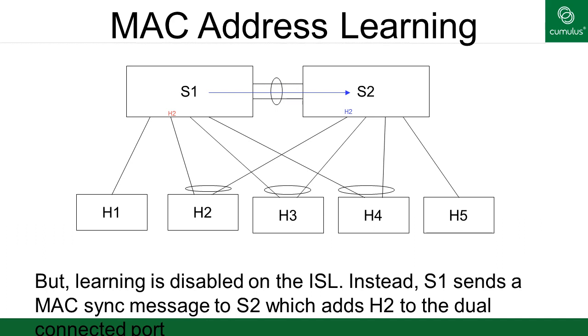And in this case, H2 will get added to the corresponding dually connected port. And so I have that represented in blue on S2 to indicate that H2 was added manually by S2. It wasn't added because it received a packet with the source address of H2. That's what's done on switch 1.